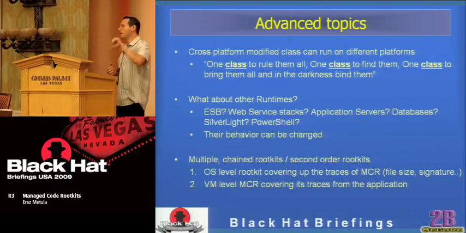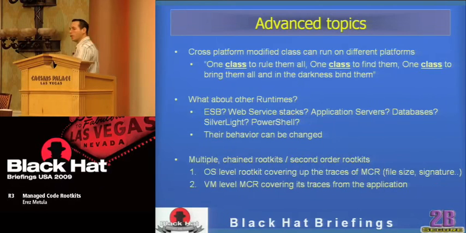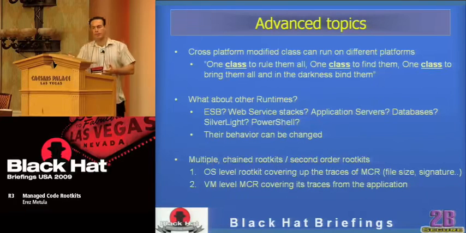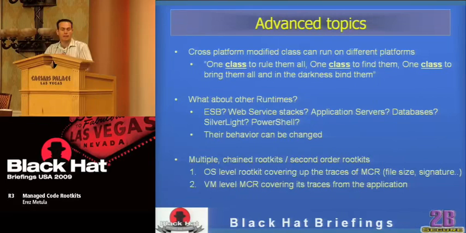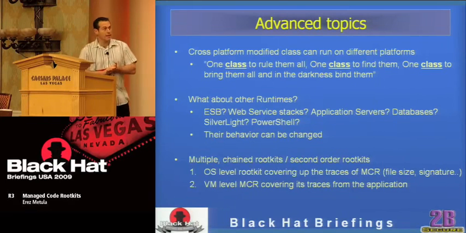So the attacker does not have to write his malicious code for different kinds of platforms, right? He does not have to write code in assembly language for Intel, and after that for Motorola, maybe another CPU, or maybe some other platforms. So basically, the same class can be used on different platforms.